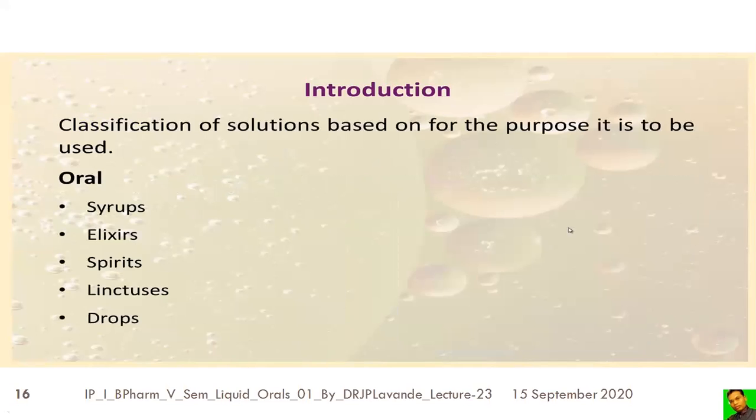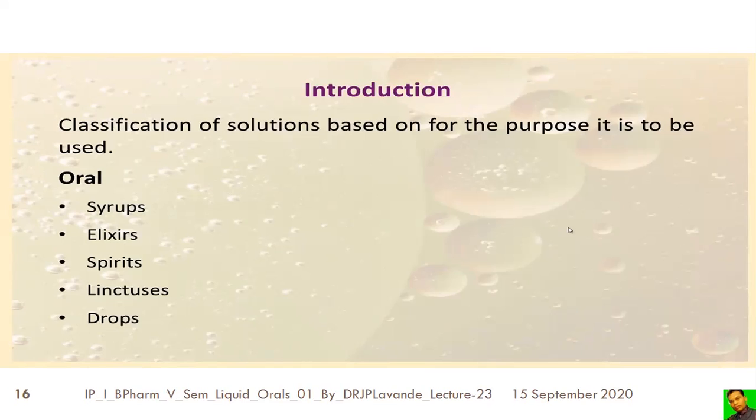Classification of the solutions. Now we can go for classifying the solutions. We saw the solutions, the elixirs, the suspensions, the emulsions, and the syrups. The classification is based on the purpose for which they are to be used.